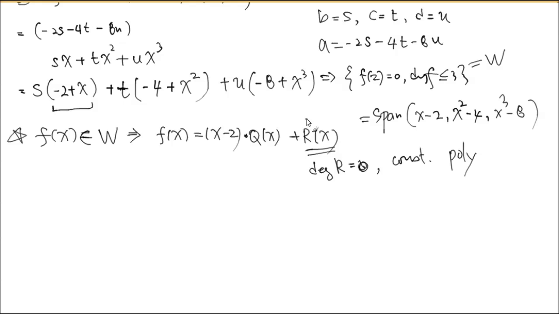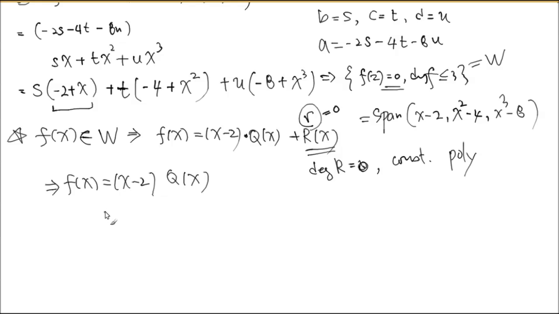So this is really just a constant R. But if you plug in x equals 2, what is supposed to happen? 0, right? If you plug in x equals 2, that's 0, but f here doesn't change. So it should be 0. So further you can say f of x must have a factor of x minus 2 and q of x completely free, right? Plus 0. Any polynomial in here must be in that shape.